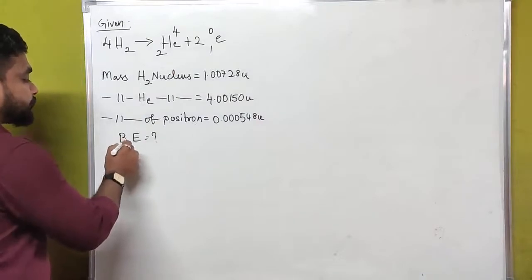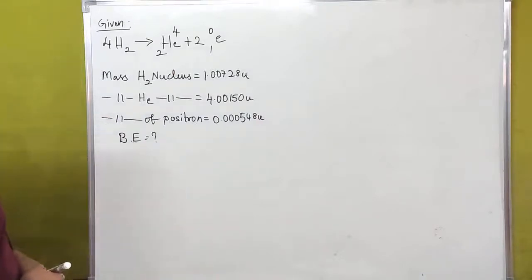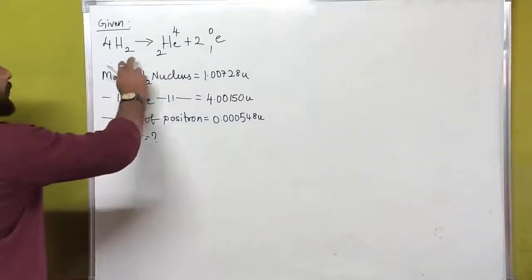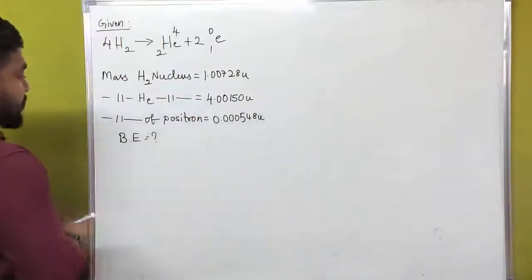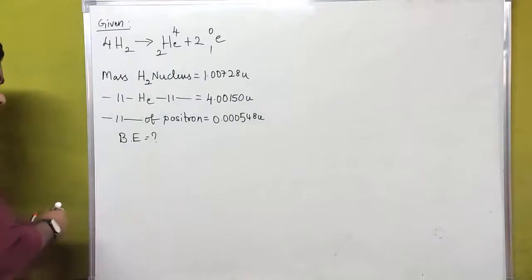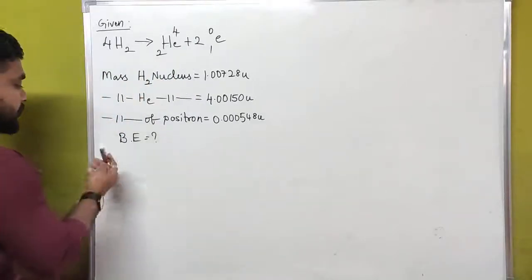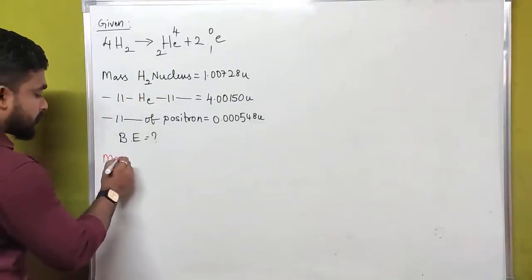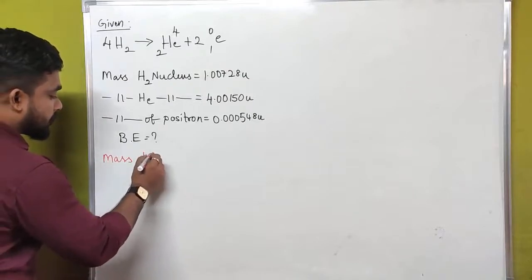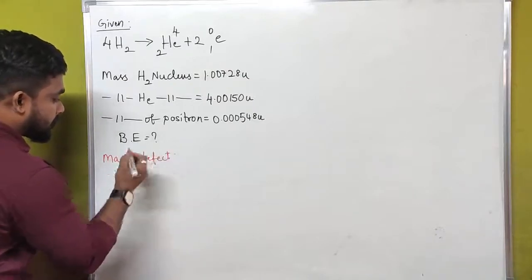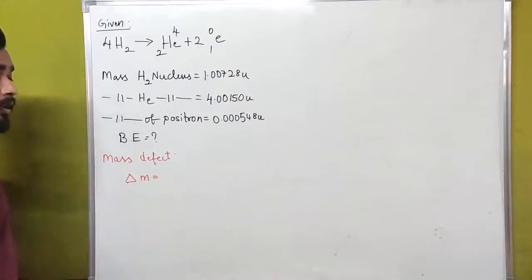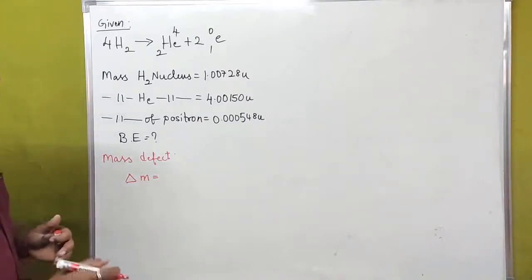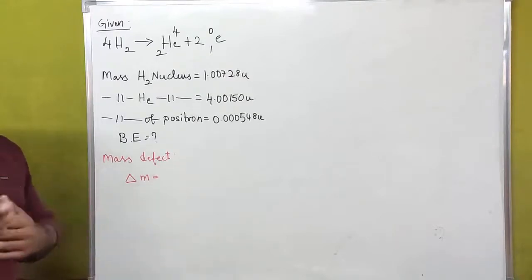For that, initially we have to calculate the mass defect. We know that if we want to calculate the mass defect, delta M is equal to the mass of the reactants minus the mass of the products.